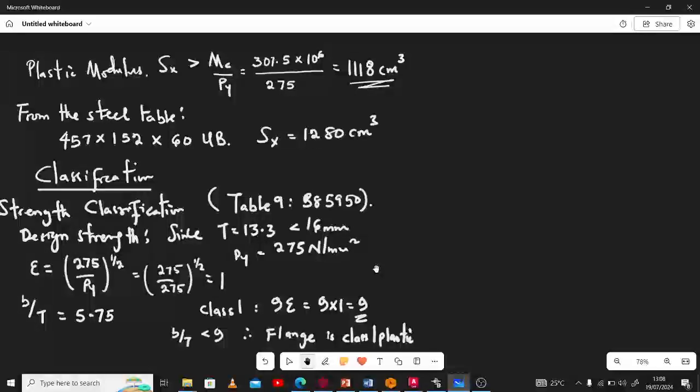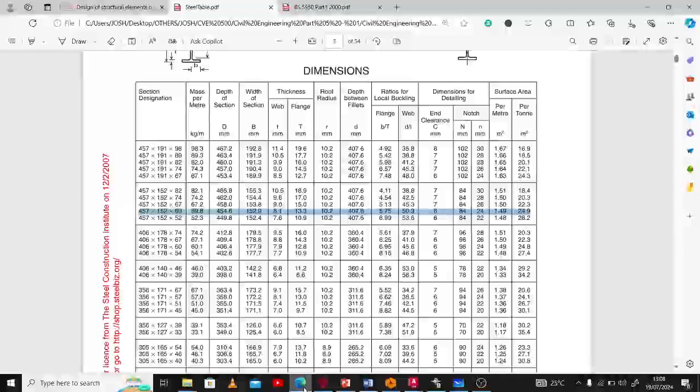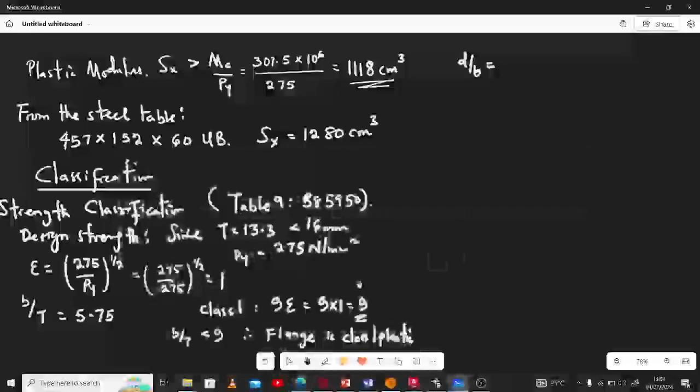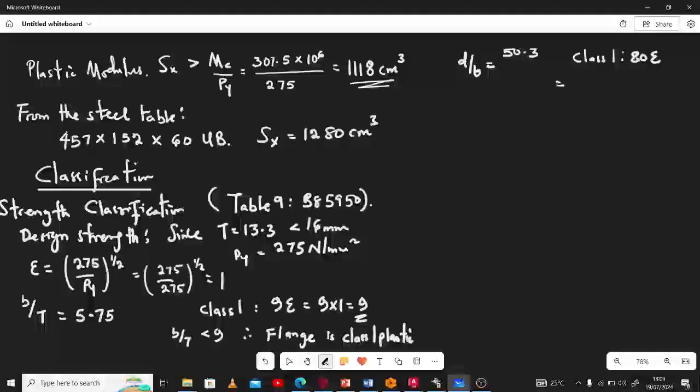All right, so the d over t as seen in this is 50.3. Now for class 1, that's 80 epsilon, and that gives 80 multiplied by 1, which is 80.